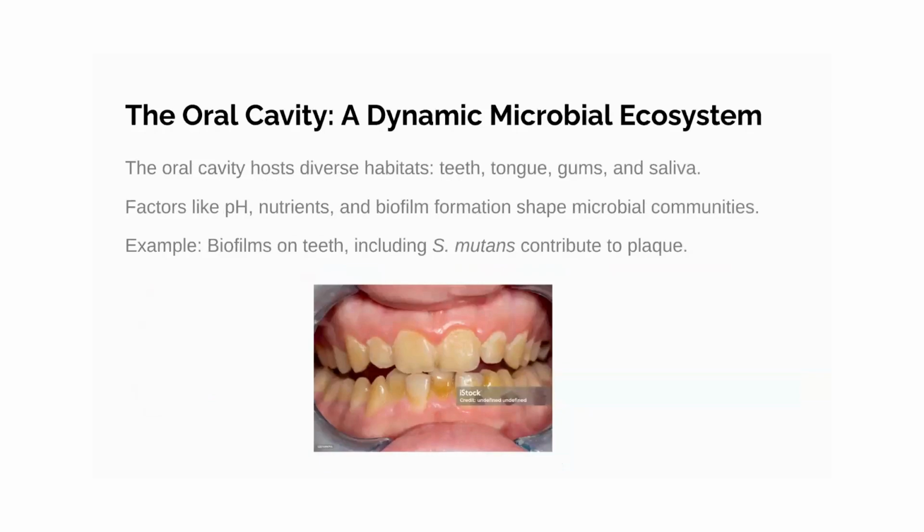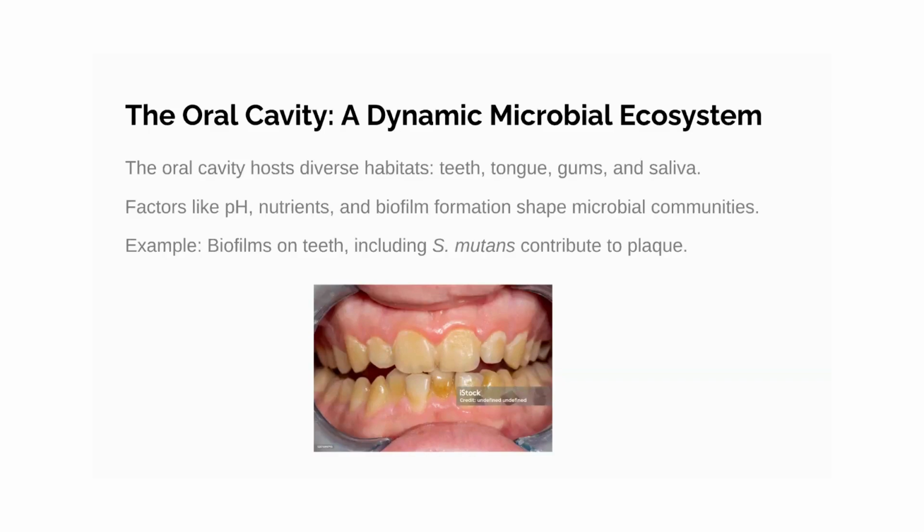The oral cavity is a unique ecosystem with diverse habitats like the teeth, gums, tongue, and saliva. These areas provide surfaces and nutrients for microbes to thrive.